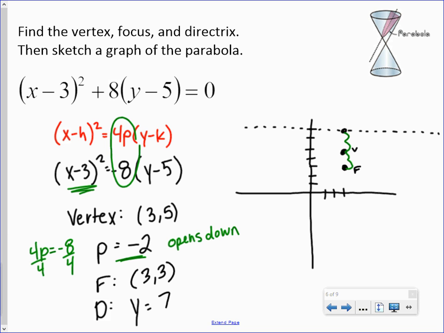So we're going to go to our focus, and go 1, 2, 3, 4 units away from the focus, and plot a point right there. Then this point on the parabola is 4 units away from the focus, and it's 4 units away from the directrix. I could also count 4 in the other direction and put a point over there, and that will help me make my parabola.